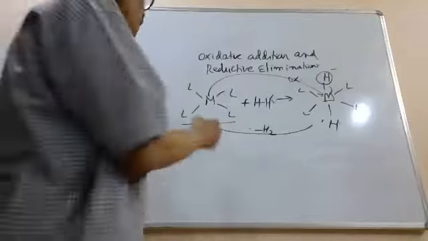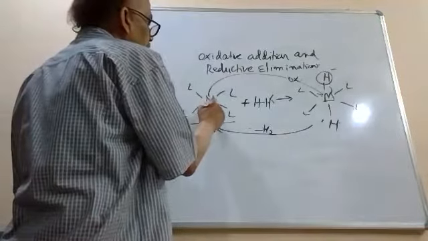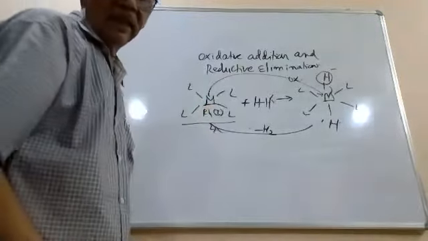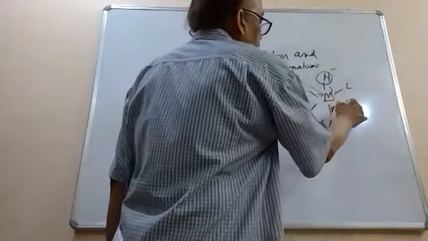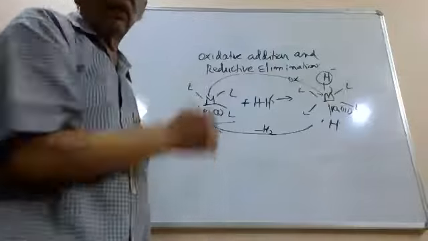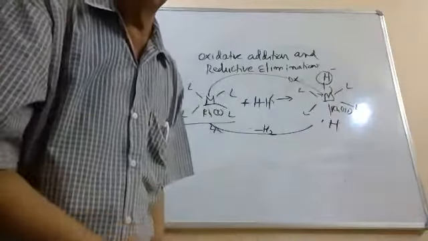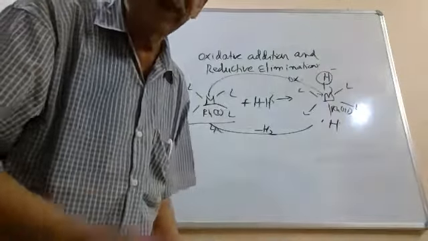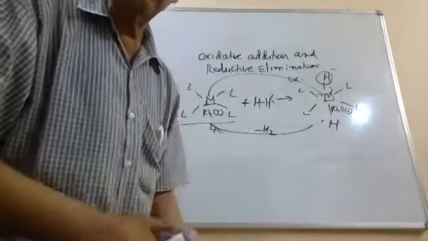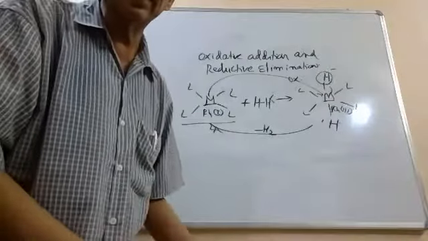So if I have, instead of a metal, we can say a rhodium 1 complex, right? When you add hydrogen, it moves to a rhodium 3 complex, and the rhodium 3 complex will reductively eliminate the hydrogen to give you the rhodium 1 complex. We'll give you several examples of how beautifully this happens in coordination complexes.